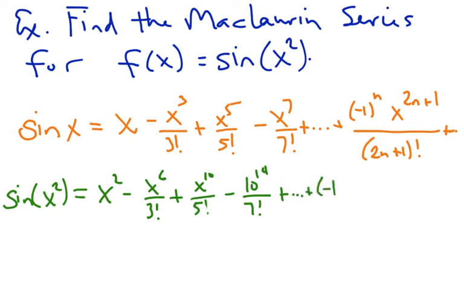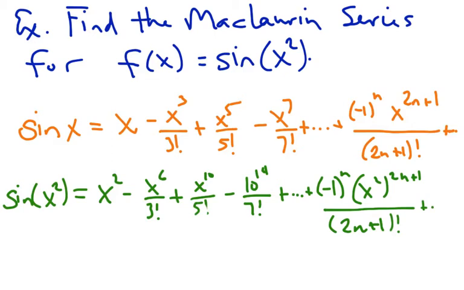Plus dot dot dot plus, we still have the negative 1 to the n, and now we'll have x squared raised to the power of 2n plus 1 all over 2n plus 1 factorial plus dot dot dot. Now you don't actually need to do this, but what you can do is fix the exponent here by multiplying the 2 times the quantity 2n plus 1 to simplify this.